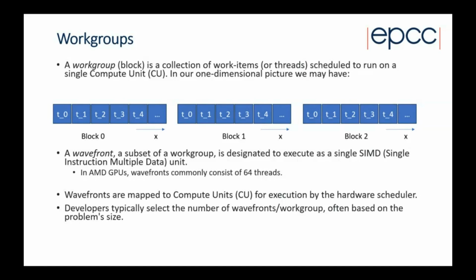These subsets are mapped to compute units for execution by the hardware scheduler. So we typically, as the developer, decide the number of wavefronts and work groups based on the problem size to be distributed. That's going to enable us to get good performance out of the hardware. So we have to make a decision for our particular problem, our particular piece of code or algorithm, on how we're going to decompose it in order to make use of the hardware.